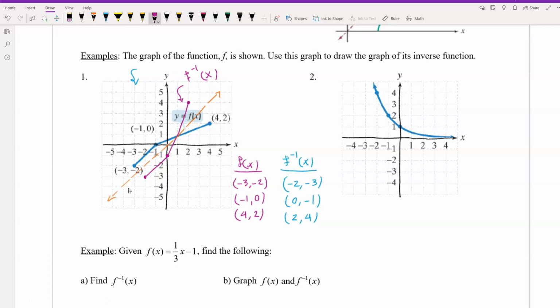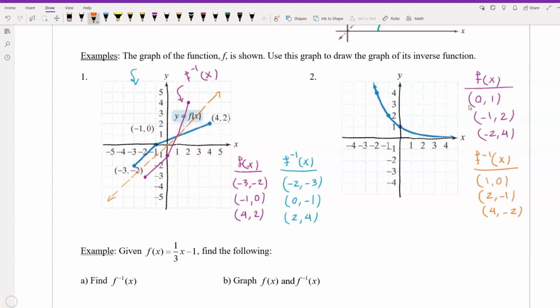Now here, number 2, we have this graph given. So based on this, what we have for f of x, we have these 3 points, and those are (0, 1), (-1, 2), (-2, 4). So f inverse is (1, 0), (2, -1), and (4, -2).